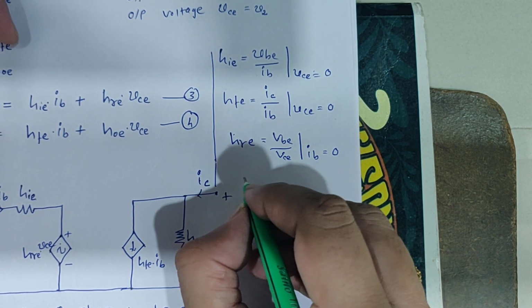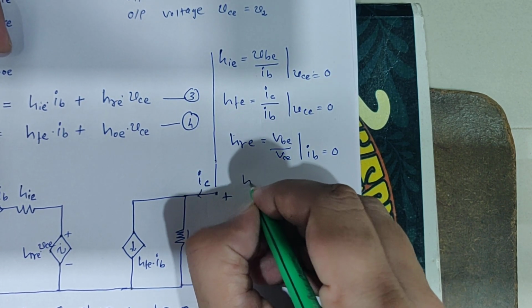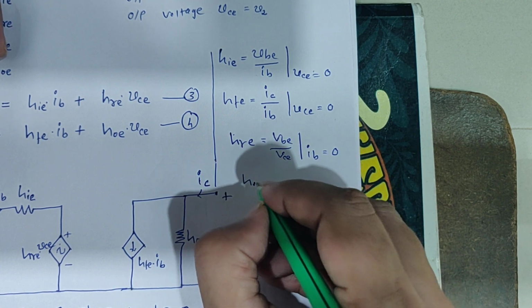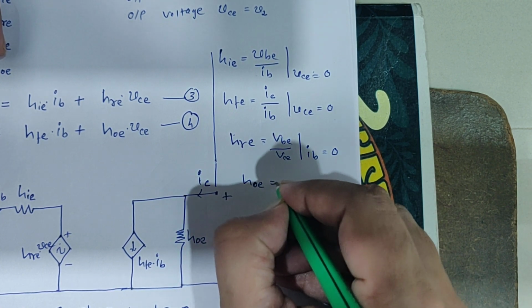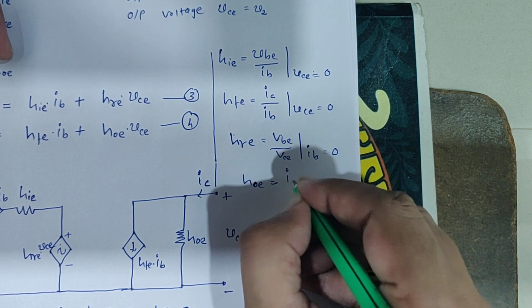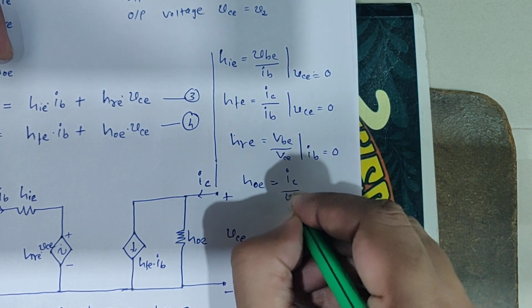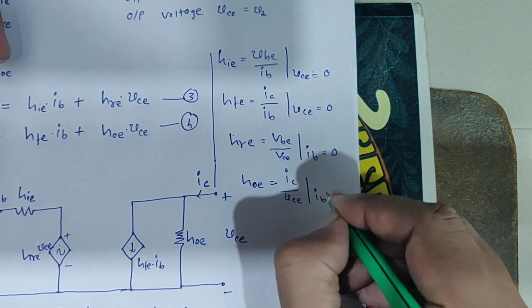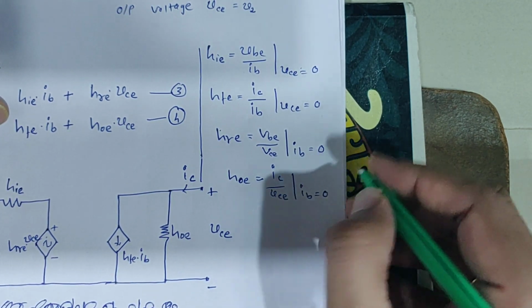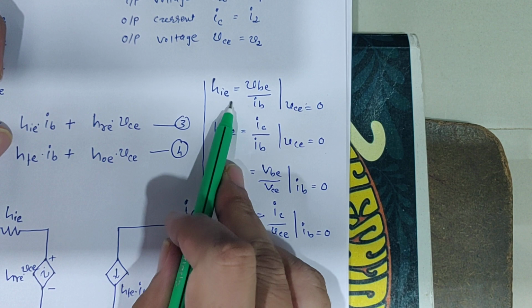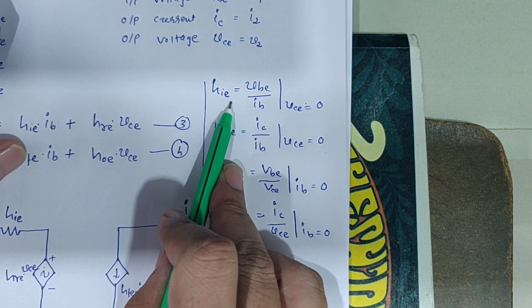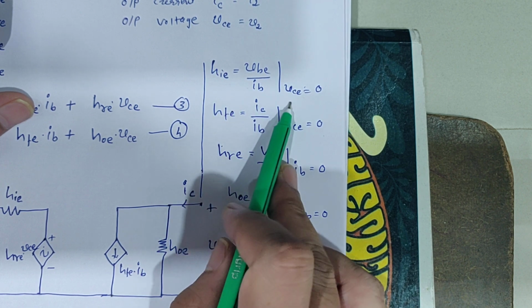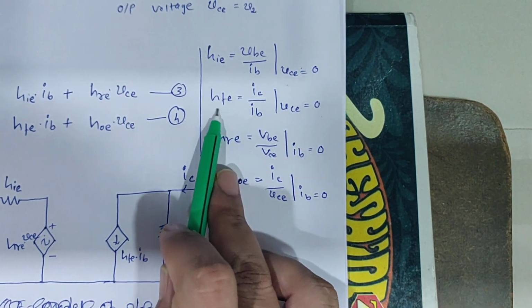And from equation number 4, HOE equals IC upon VCE, at IB equals 0. So this will be the input impedance for common emitter configuration, VBE upon IB at VCE equals 0.